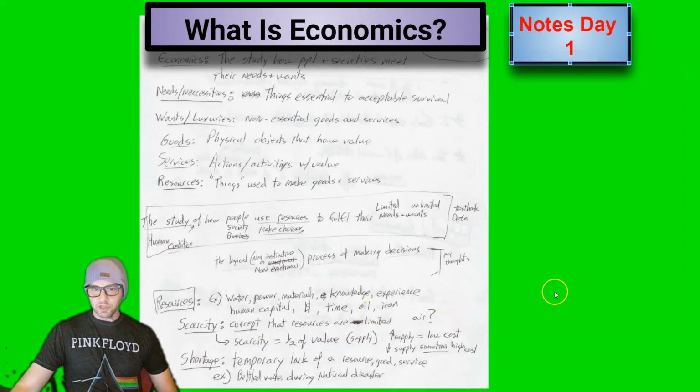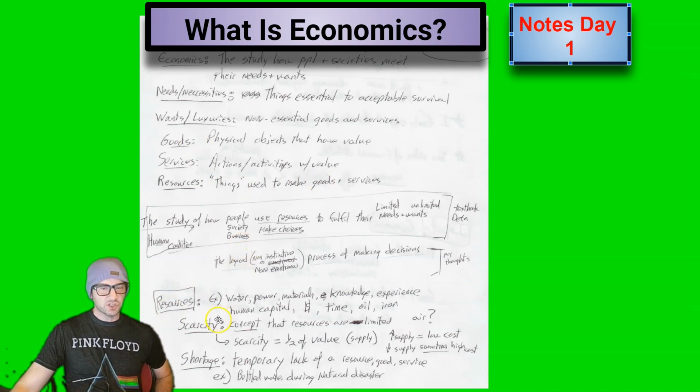Plain Prep introduced us to a couple other vocab and concepts of economics, and that would be resources. So you would say, how do we produce goods and services? They don't just magically come out of thin air. So what we have are resources, the things that are used to make goods and services.